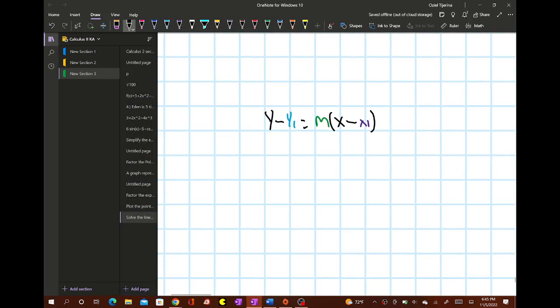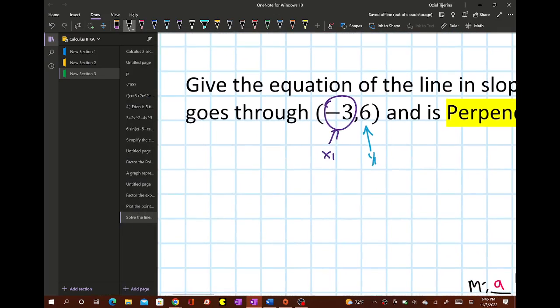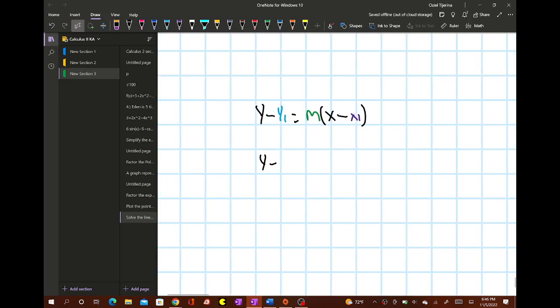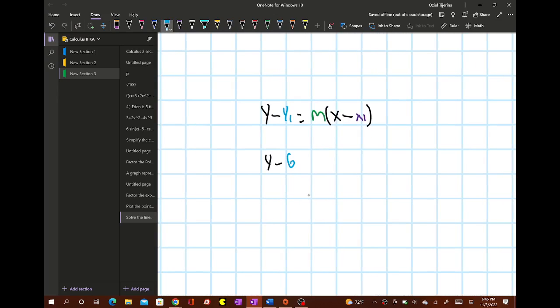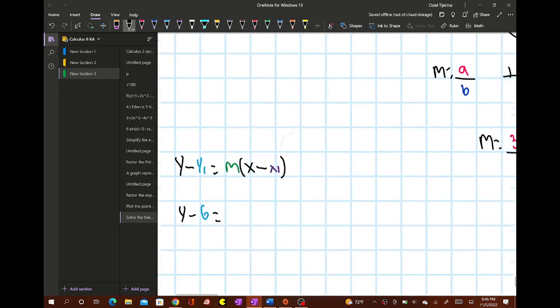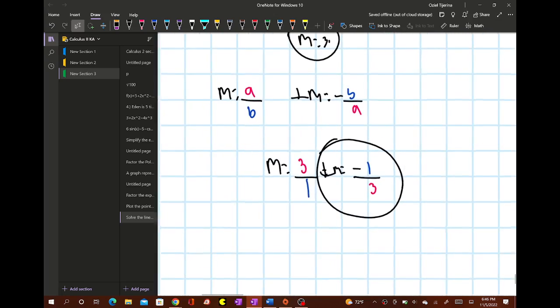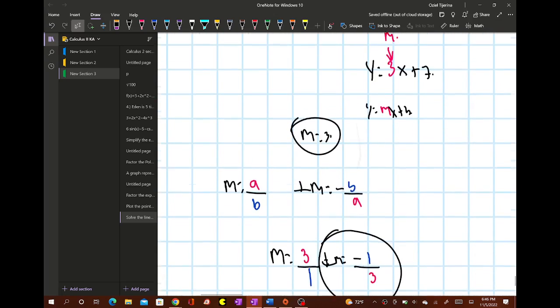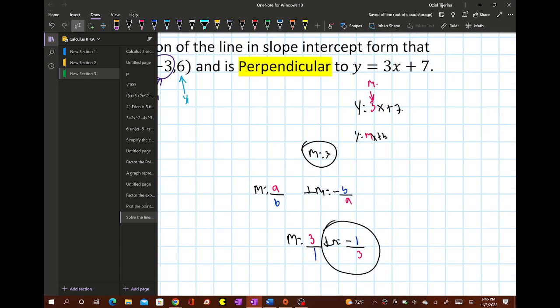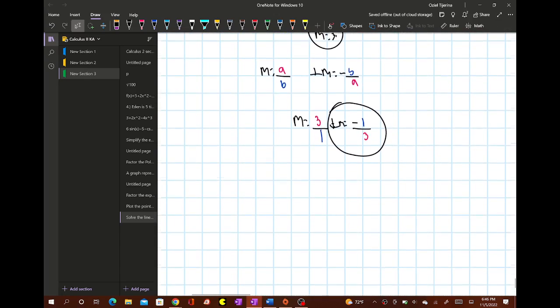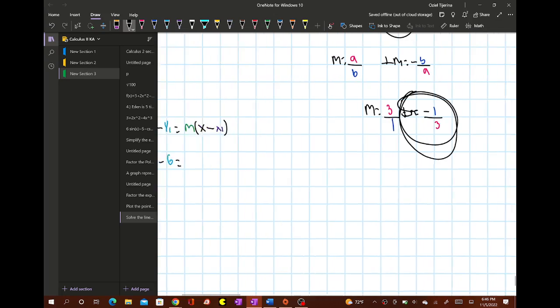Looking at this, you can say y minus 6 is equal to, and we're using our new perpendicular slope because it wants the slope perpendicular. So we said that the perpendicular slope is negative 1/3. It's right here, right?